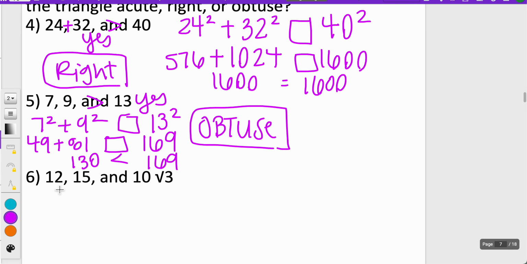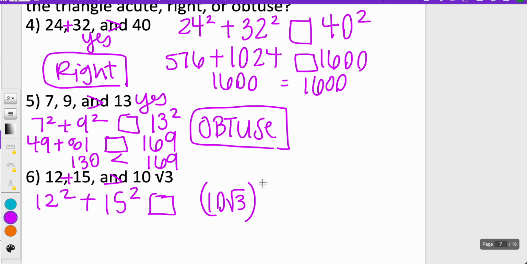And then our final one, 12 plus 15 is greater than 10 square root 3. You can calculate this would be about 17 point something, and 12 plus 15 is 27. So we take 12 squared plus 15 squared compared to 10 square root 3 squared.